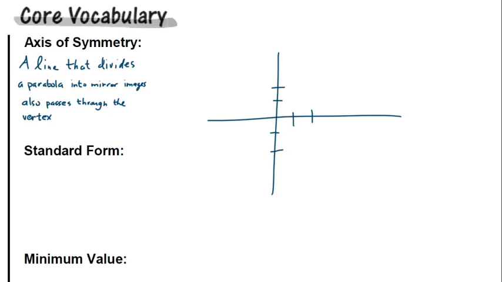So, if I got a vertex right here, points like that, I got a graph that looks kind of like this. Okay, this is the graph. This is f of x. Wow, that's horrible. F of x better equals 3x squared minus 6x plus 1.